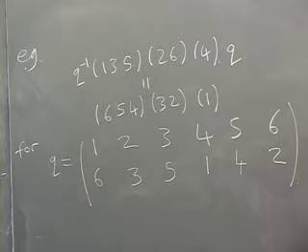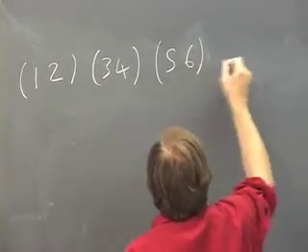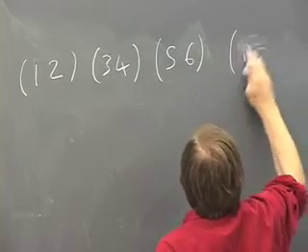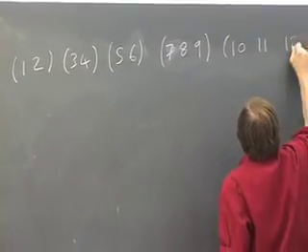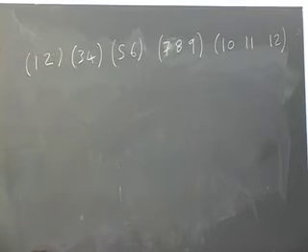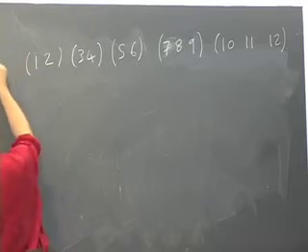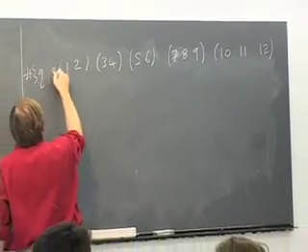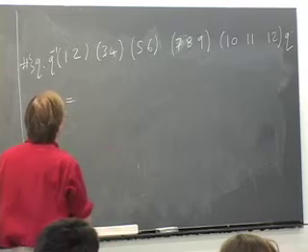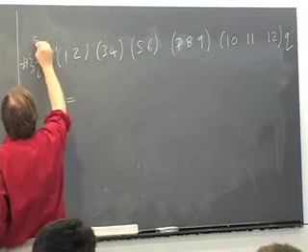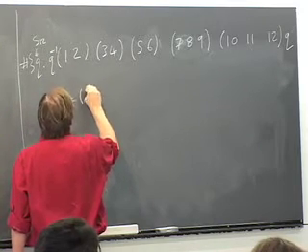So if I looked at the cycle 1, 2, 3, 4, 5, 6, 1, 2, 7, 8, 9, 10, 11, 12, and I asked how many q, so I want the number of the set of q in S12 such that q inverse this q would equal, well, I can even write the same one again.